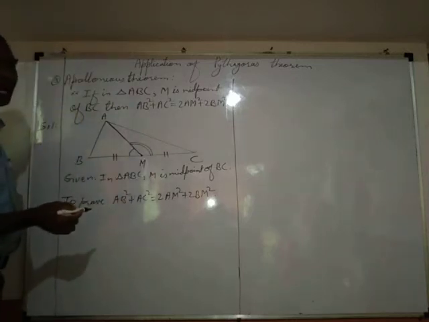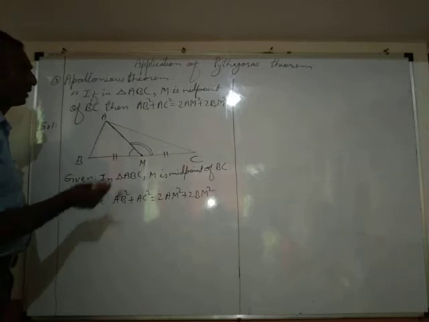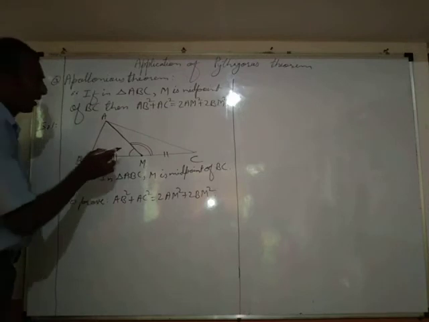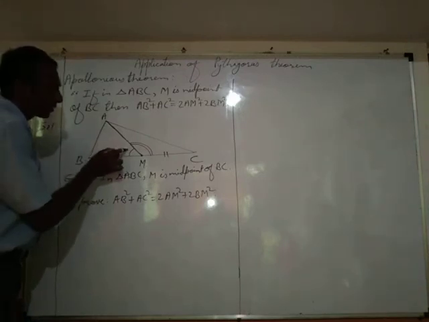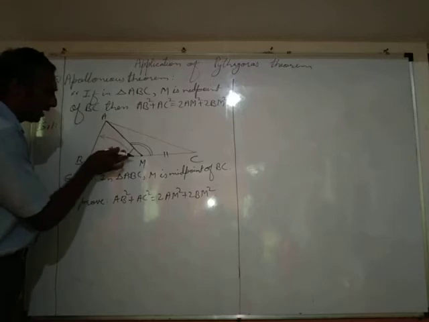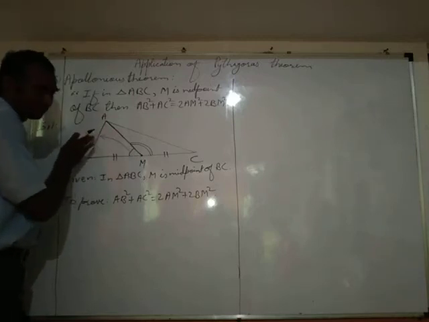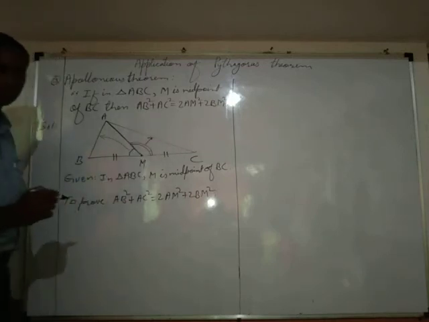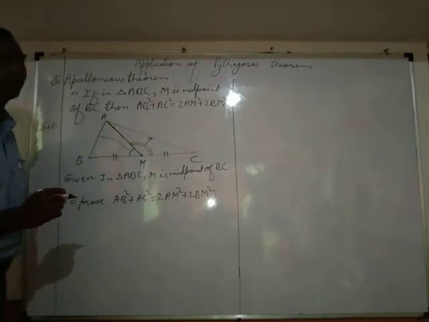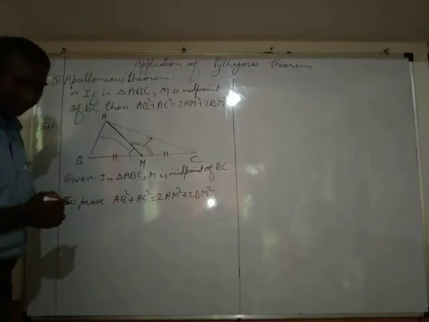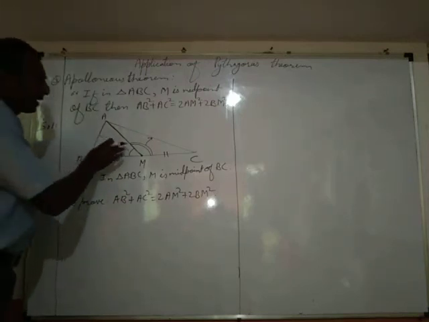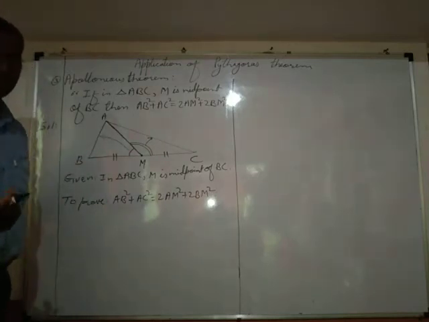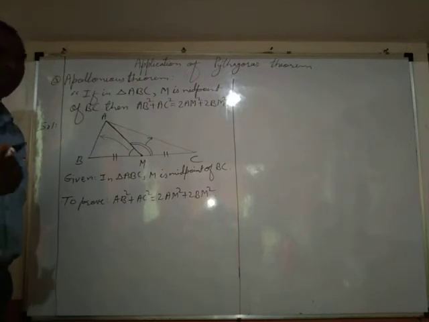And we learned applications of Pythagoras theorem in a case of acute angle triangle and in a case of obtuse angle triangle. According to those applications, we used to write an equation for the side opposite to acute angle and the side opposite to obtuse angle. And for that we need a perpendicular again.